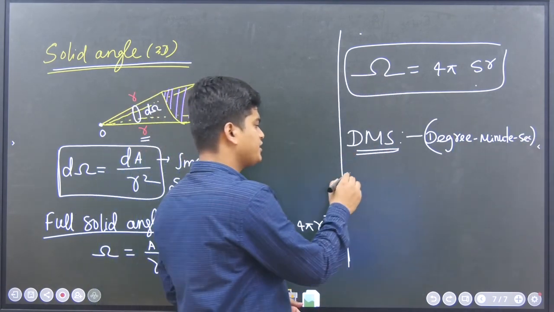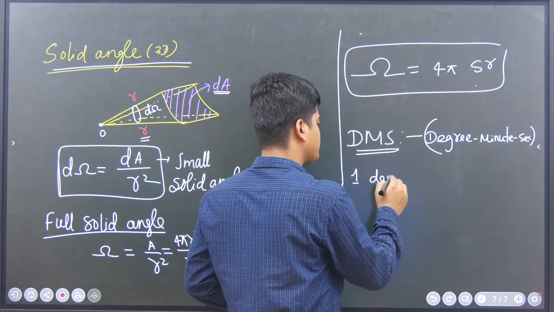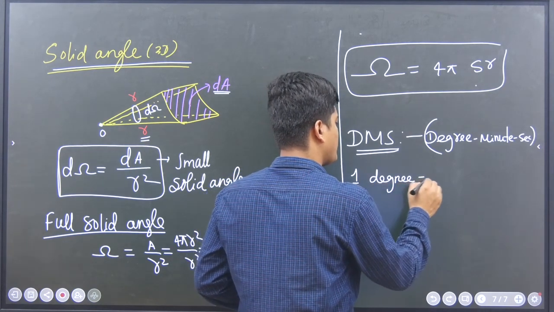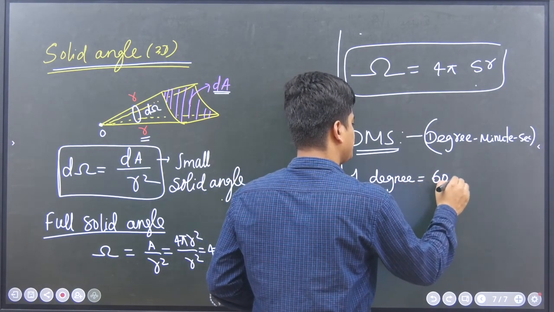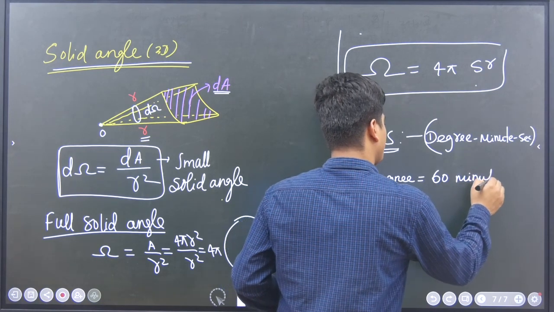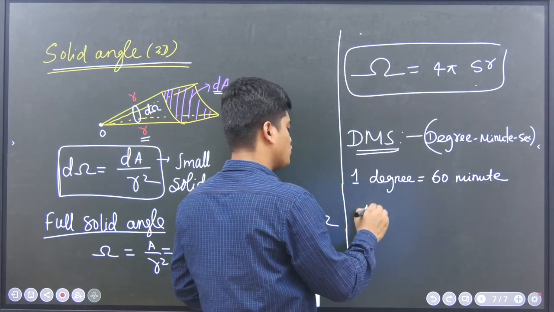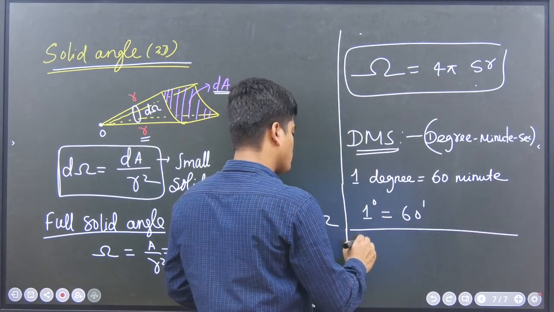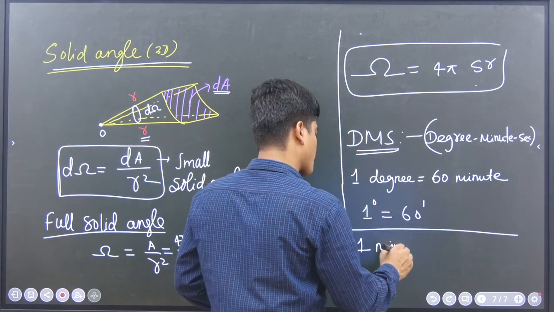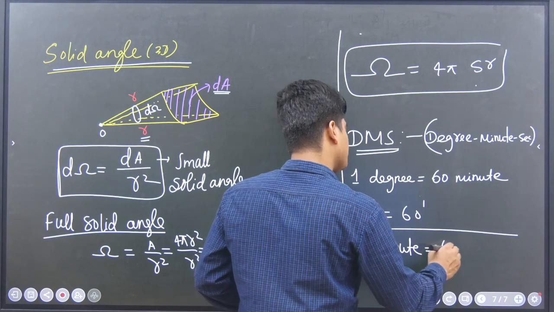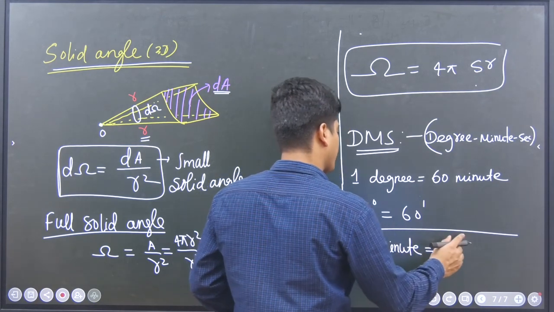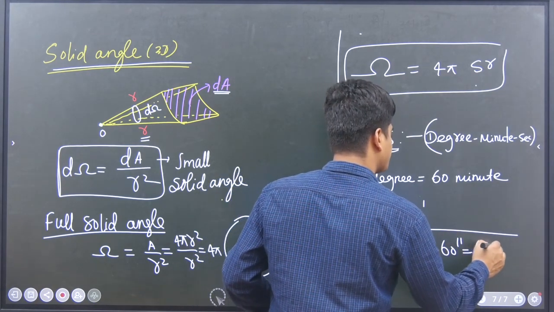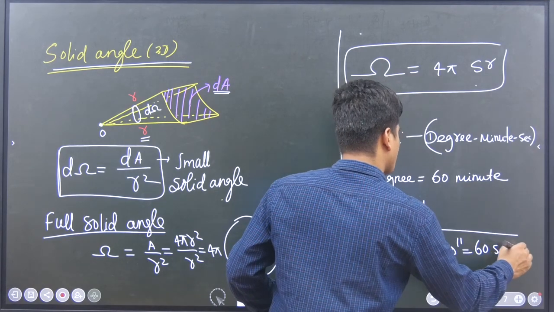So in the degree, minute, second system, you can write 1 degree is 60 minutes. And another thing, remember 1 minute is 60 seconds.